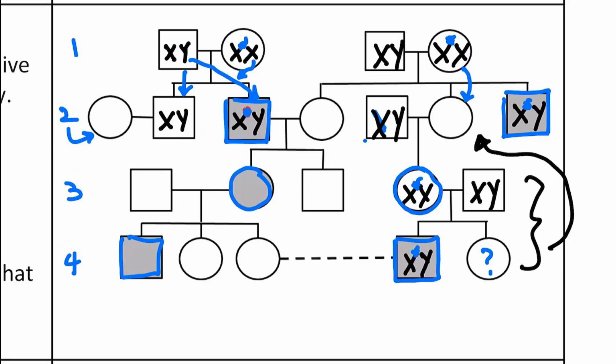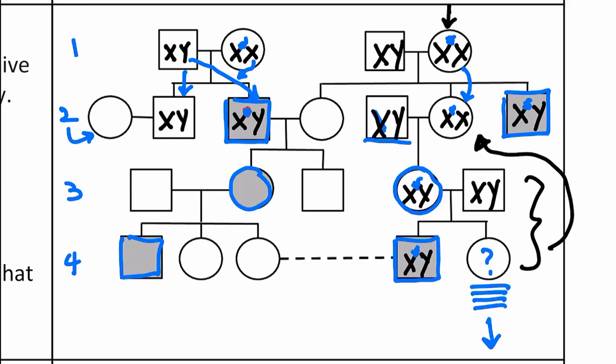Since this male is fine, it had to come from the female, yes. Which makes sense because it got one from its mom up here. So this XX, we've got to put a little mark there, and that kind of makes sense. So I work backwards. And you can see why I don't know down here what this one is, because it doesn't have any children to show me. I know it's XX, but it could be a carrier or not. Okay, females can be carriers.